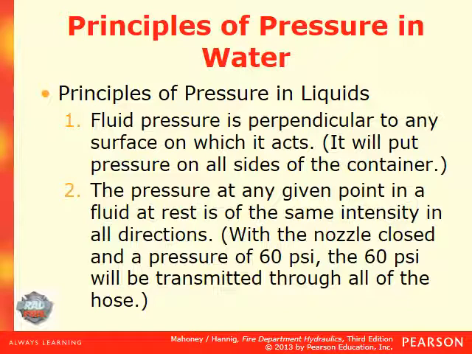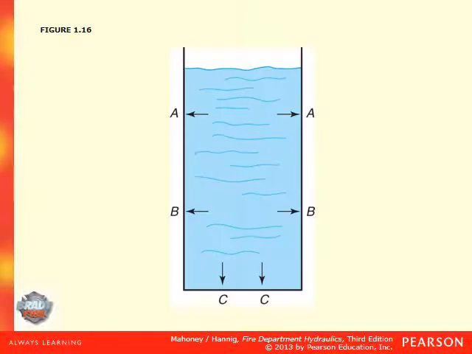So if we have 60 pounds coming in, 60 pounds coming out, that's not going anywhere, you will have 60 pounds of pressure on every square inch of that fire hose. So again, if this is our fire hose, notice we have 60 pounds of pressure in here. Across A, B, and C, it's all going to be the same when it is static.